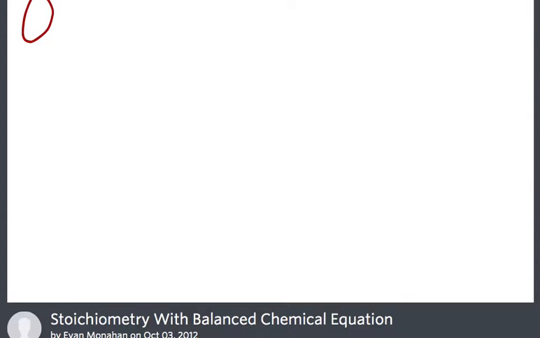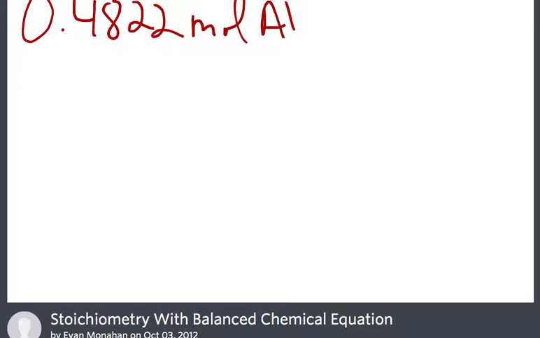Alright, so 0.4822 moles Al, which is what I calculated, is going to go through another conversion.